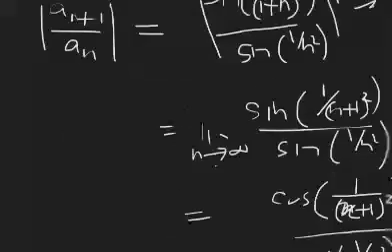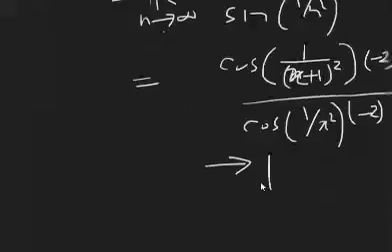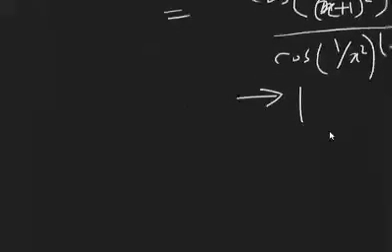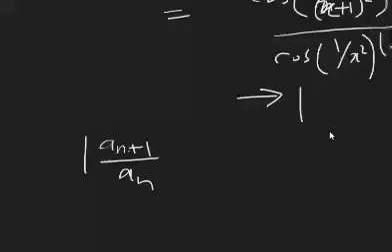So from the ratio test, a sub n plus 1 divided by a sub n goes to modulus of x as n tends to infinity.